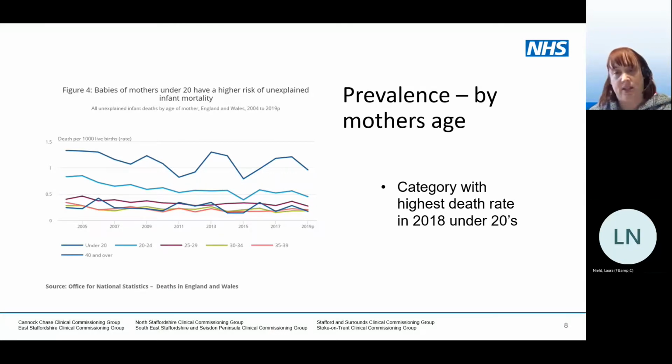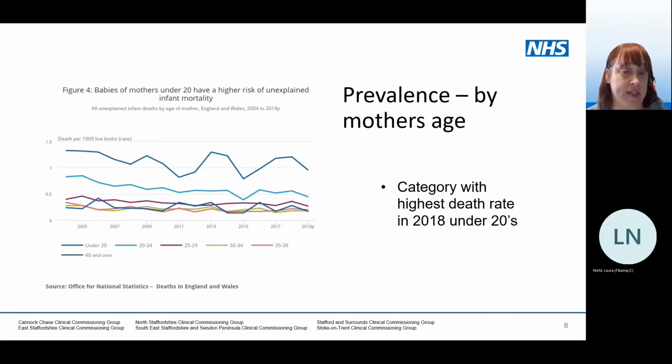Another thing that we look at in the risk factors and prevalence of sudden infant deaths is the age of the mother at the time of the baby's death. The top line, in dark blue, is babies of mothers who are under the age of 20. You can see that that has consistently been the highest. So babies with a mother who's under the age of 20 have a higher risk of unexplained infant mortality.